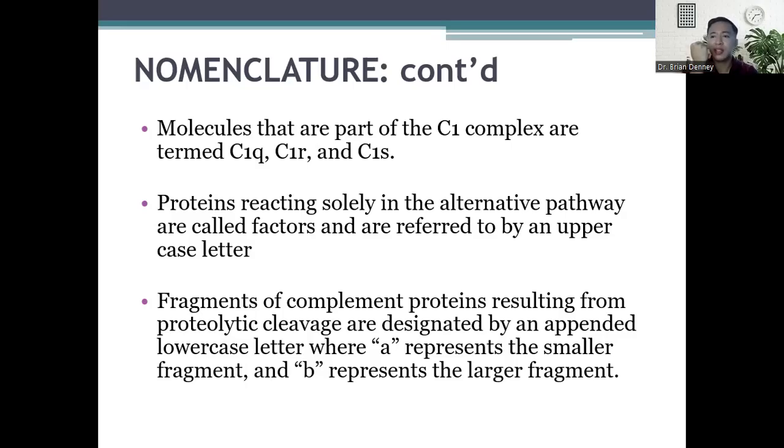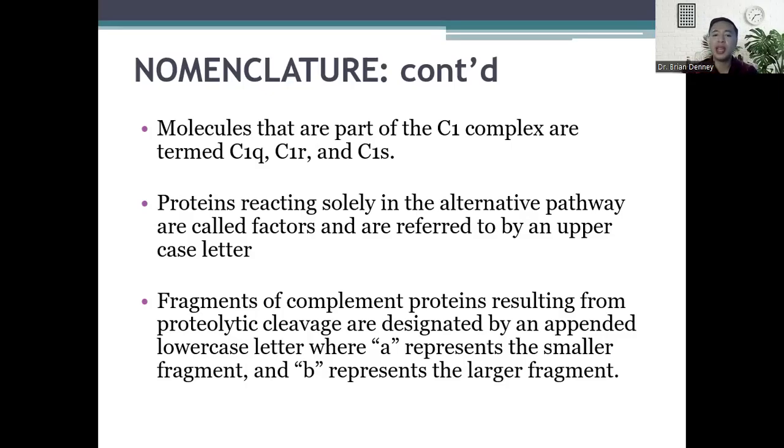Proteolytic cleavage, so they are cleaved to become activated. And when they are cleaved, they produce parts that are called complement fragments.